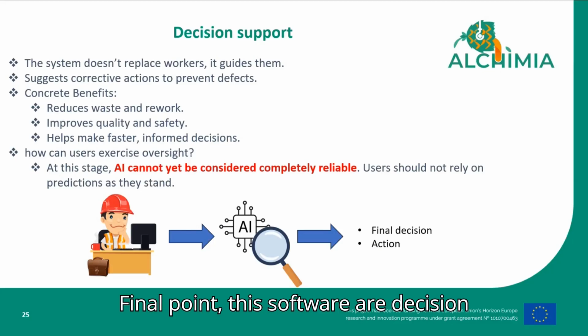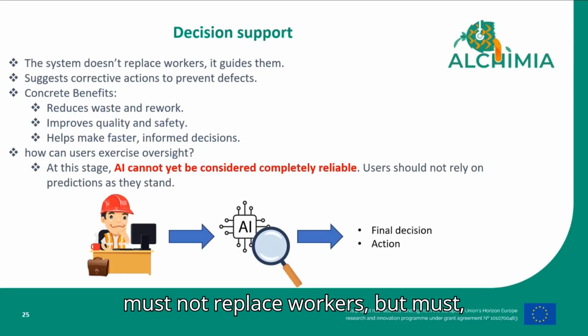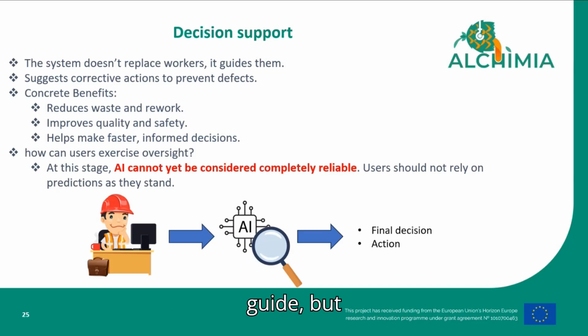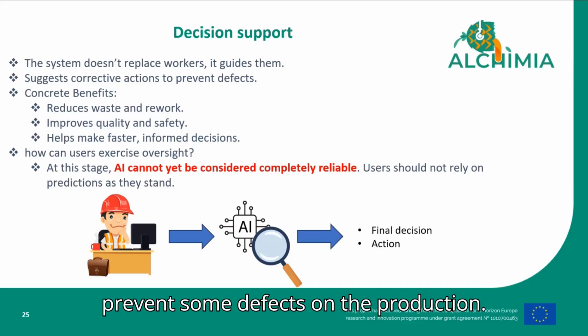Final point, this software consists of decision support tools. So this software must not replace workers, but must, well, I don't like too much the term guide, but must give them support on the decision in specific situations, and must provide some corrective actions, for example, to prevent some defects in the production.